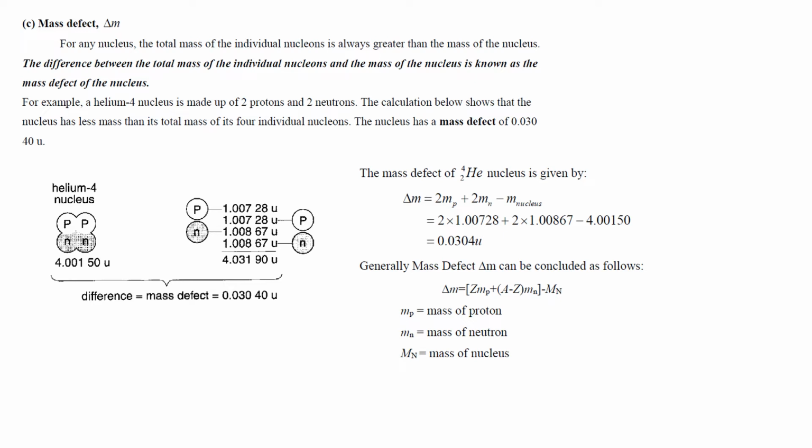For any nucleus, the total mass of the individual nucleons is always greater than the mass of the nucleus. The difference between the total mass of the individual nucleons and the mass of the nucleus is known as the mass defect. This is the definition of the mass defect.